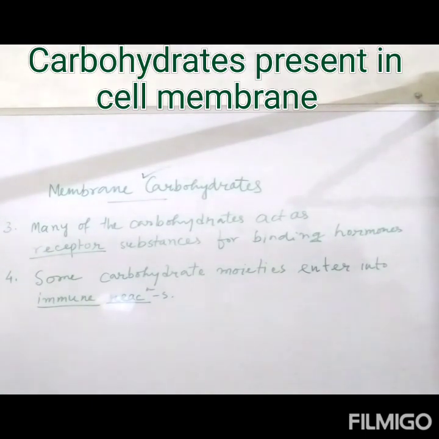So these are the important functions of the carbohydrates present in the cell membrane. Though they are very small in amount compared with the lipid and protein, they have a very important role in the functioning of the cell.